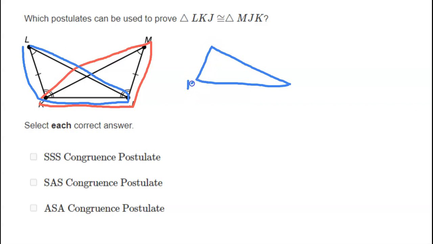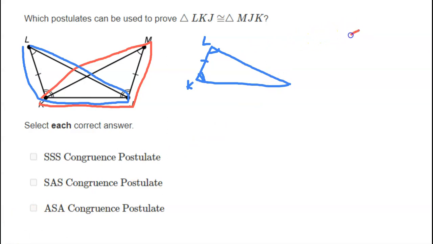And we have K with two arc marks, and we have L with one arc mark. A tick mark is the included angle. That's about all the information we have on that one. Now let's draw our other triangle.